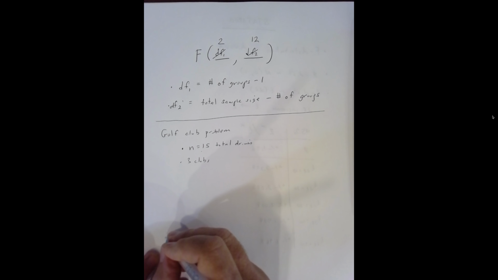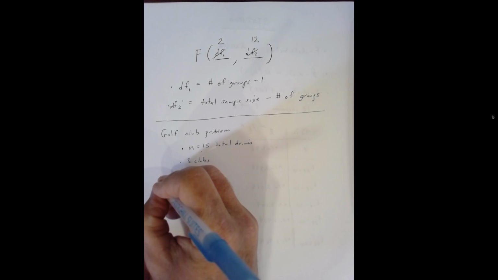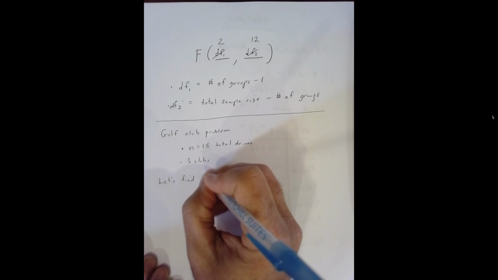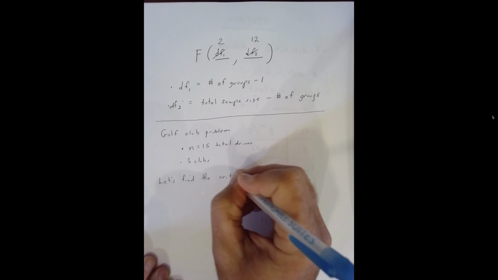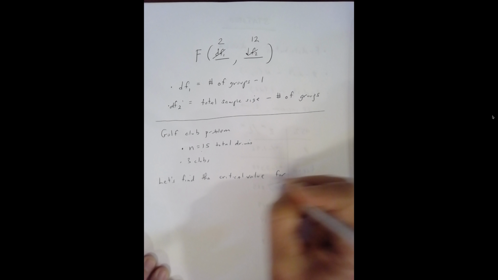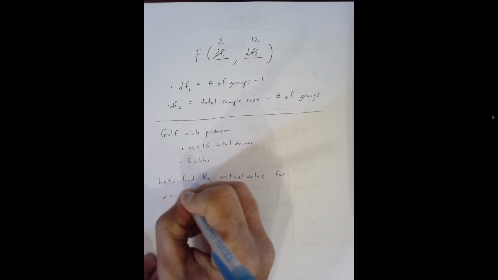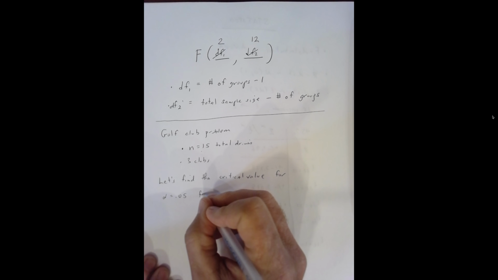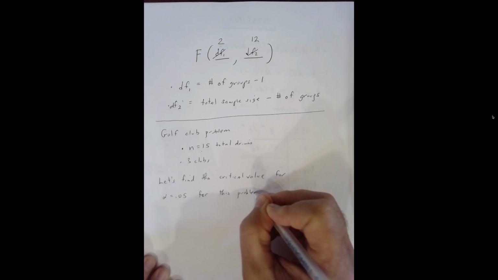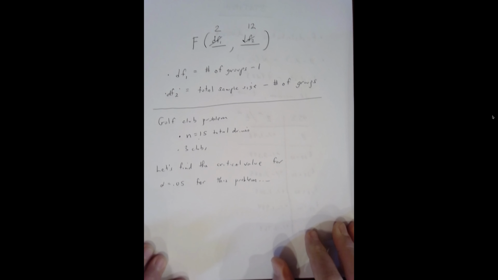Now, let's just examine that. And first of all, let's find the critical value for alpha equal 0.05 for this problem.